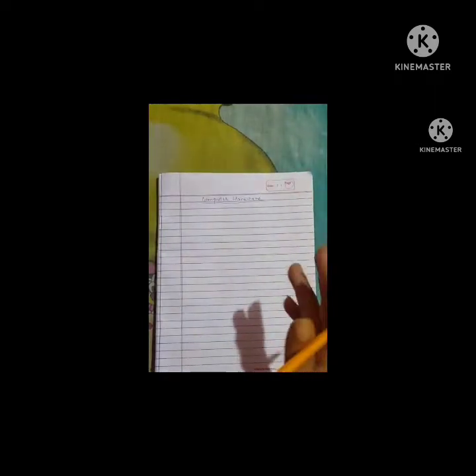So let us first come to what computer hardware is. You can define computer hardware as a collective term used to describe any of the physical components of either an analog computer or a digital computer.